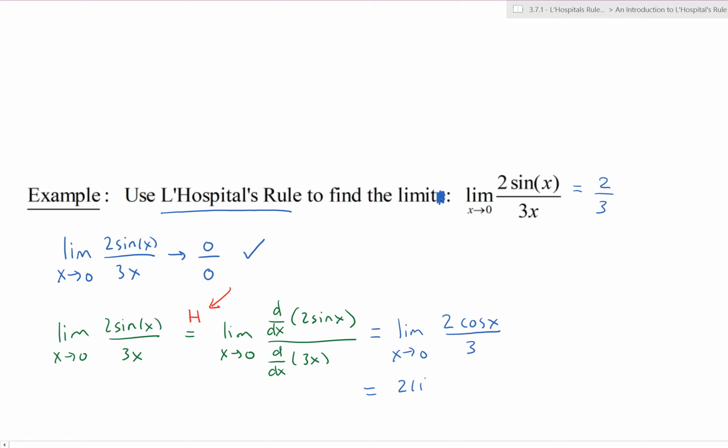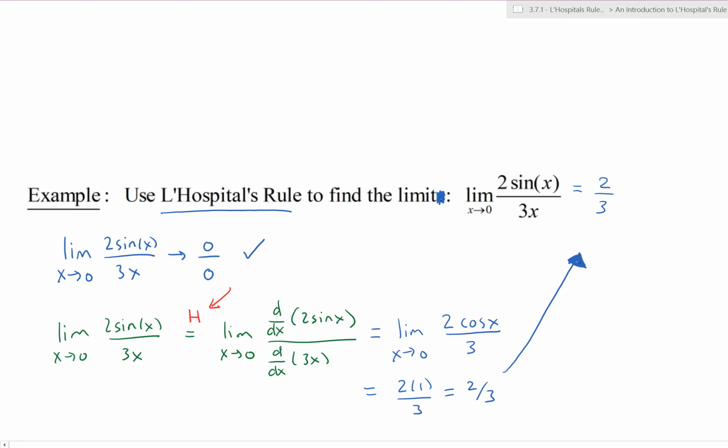You get 2 times 1 over 3, which indeed is 2/3, like we had already said. So it's just an example here really quickly to show us how L'Hopital's rule works. And also don't forget this notation when applying the L'Hopital rule step. Just some notation in there saying to the reader that we have applied L'Hopital's rule. I like to personally use that H notation, but it's not unique.